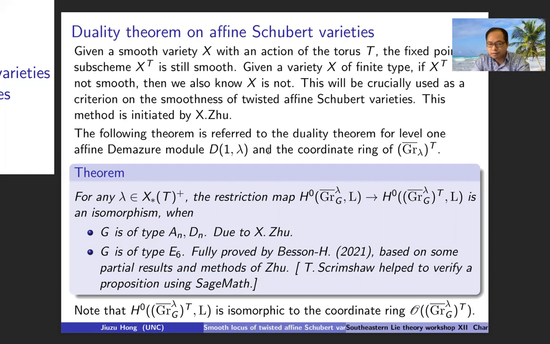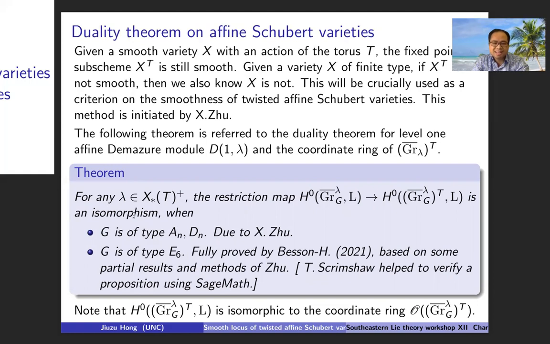It is referred to as the duality theorem for level 1 affine Demazure modules and the coordinate ring of the T-fixed point subscheme on the affine Schubert varieties. So given a dominant coweight lambda, we can consider the restriction map from the global sections of the line bundle on this affine Schubert variety to its T-fixed point subscheme.